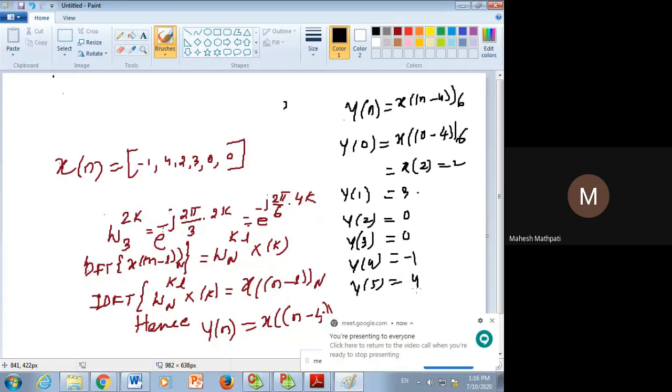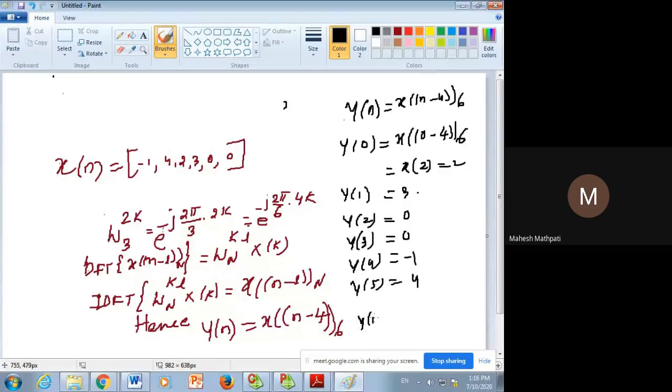Okay. So this is the way how we are calculating the answer of y of n. So any confusion here? So y of n we got it as, what is the answer? 2, 3, 0, 0, -1 and 4. Okay. So this is the usual method, but I have told you one more shortcut method.